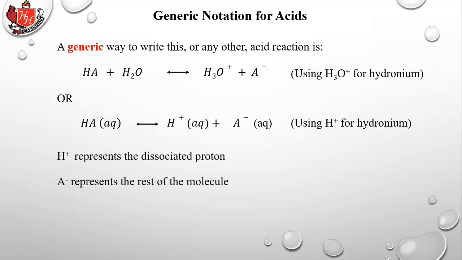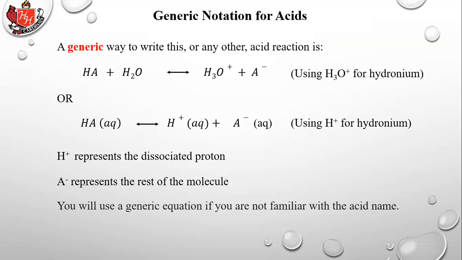H+ represents the dissociated proton, and A- represents the rest of the molecule. You will use a generic equation if you are not familiar with the acid name. I'll show you an example here in just a moment. All acid reactions behave the same, so you can use this generic notation up above for any acid reaction.